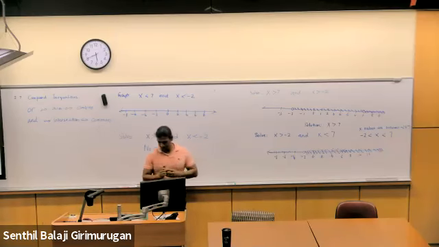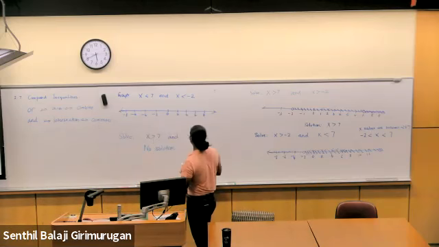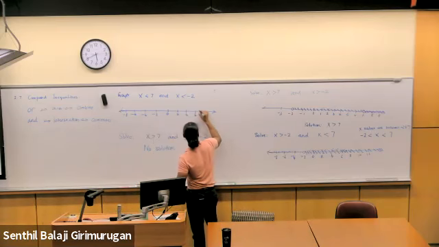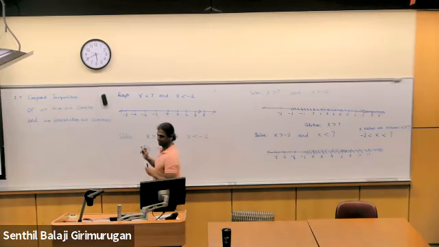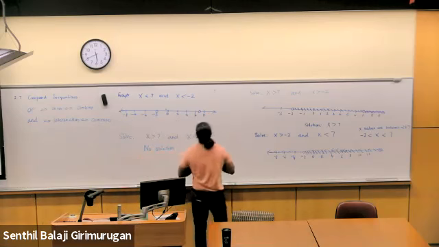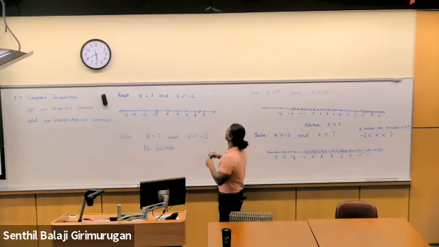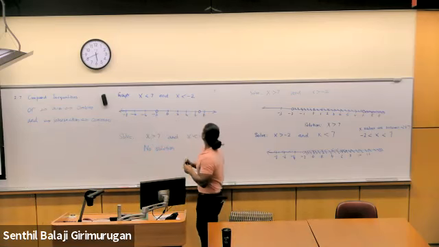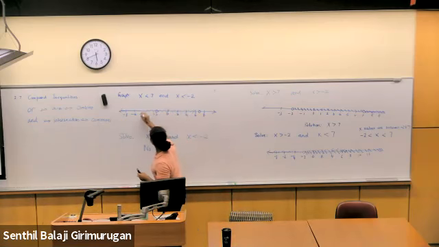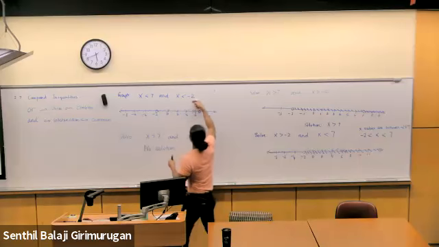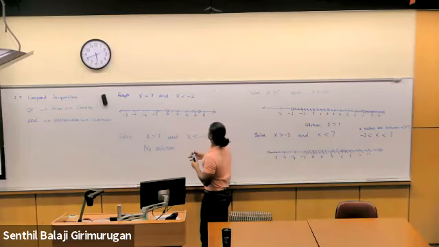So should we put an open dot or closed dot at 7? How about -2? Open dot or closed dot? Pointing below 7, so that one is also pointing that way.